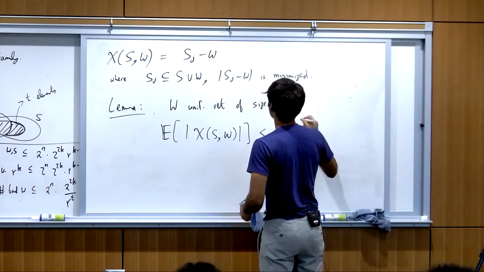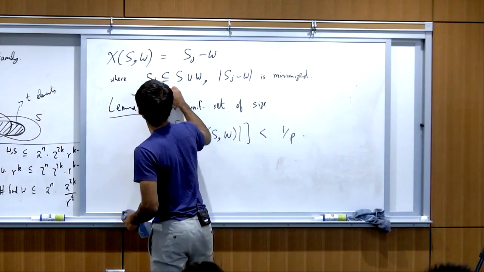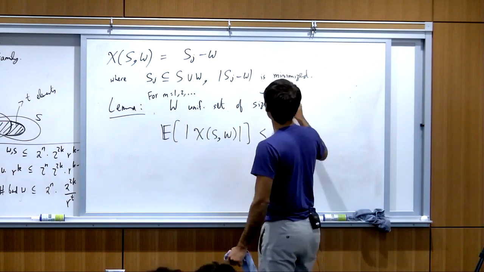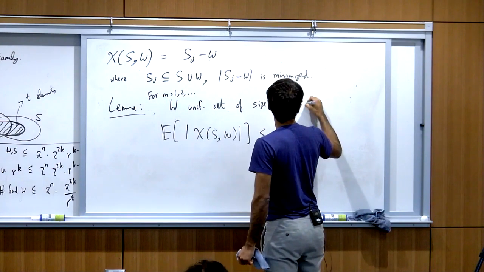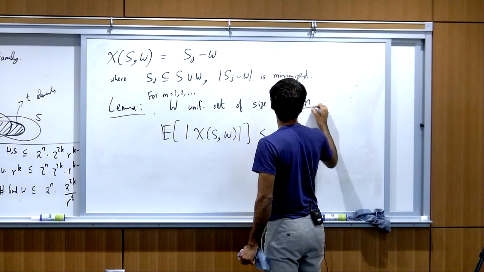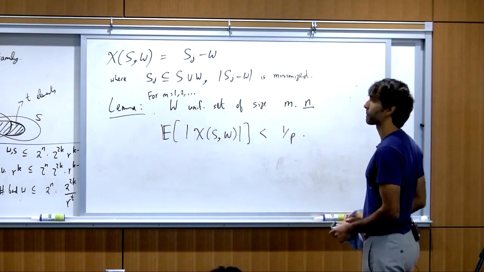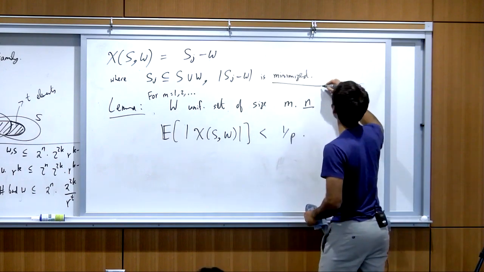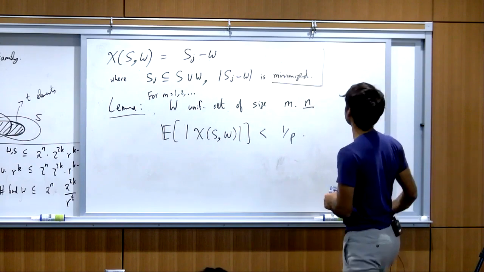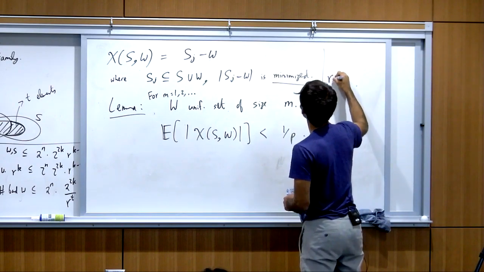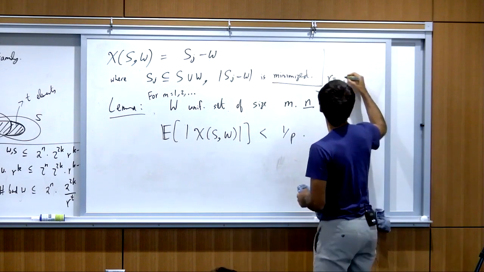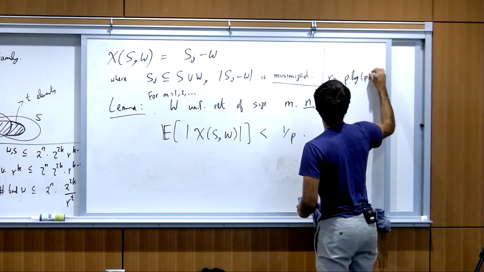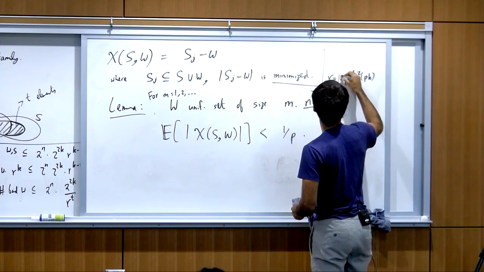We'll actually prove that for some parameter m equal to 1 up to some integer, if you pick W of size m times roughly n over... actually, to make the calculations a little easier, let's set R to be this quantity, p log pk squared, maybe 100.